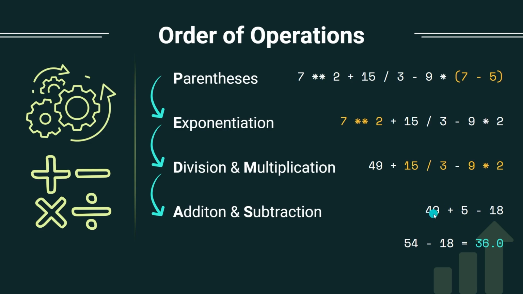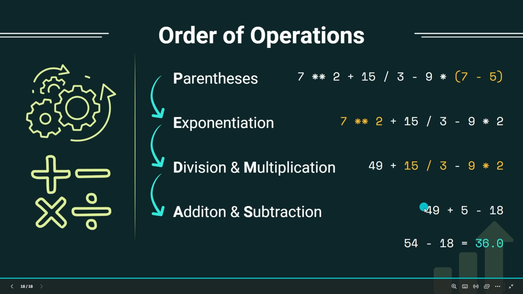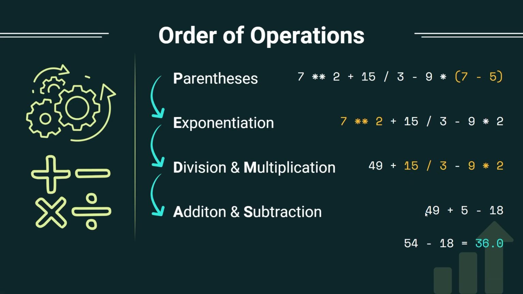So first 49 plus 5 will be executed, so we'll have 54, and then 54 minus 18 would be 36. So when in an expression only the same order of operators are there, then it will start executing from the left side. So you have to remember that.